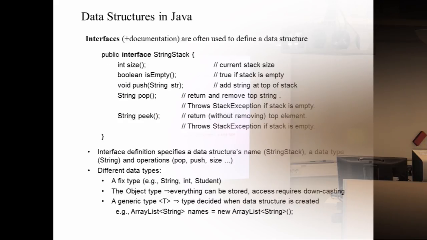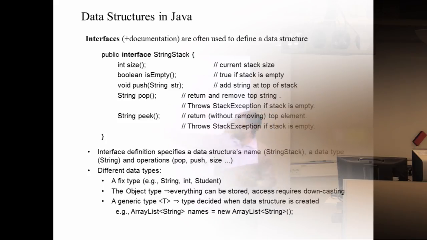Okay, so that's the string stack interface that we have already looked at in Eclipse. And as it says, if you want to implement your own data structures in Java, we can do that by defining interfaces. And we have studied interfaces already. How can we define an interface? We can do it using the interface keyword, and it is similar to a class definition.